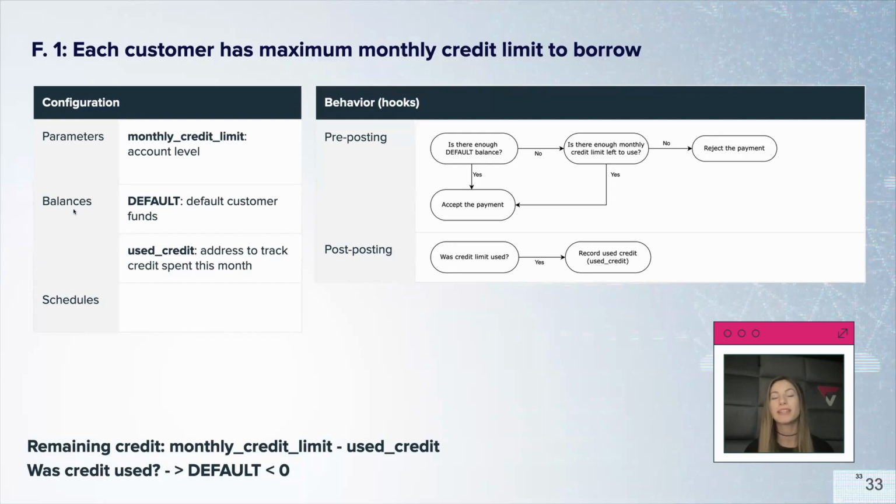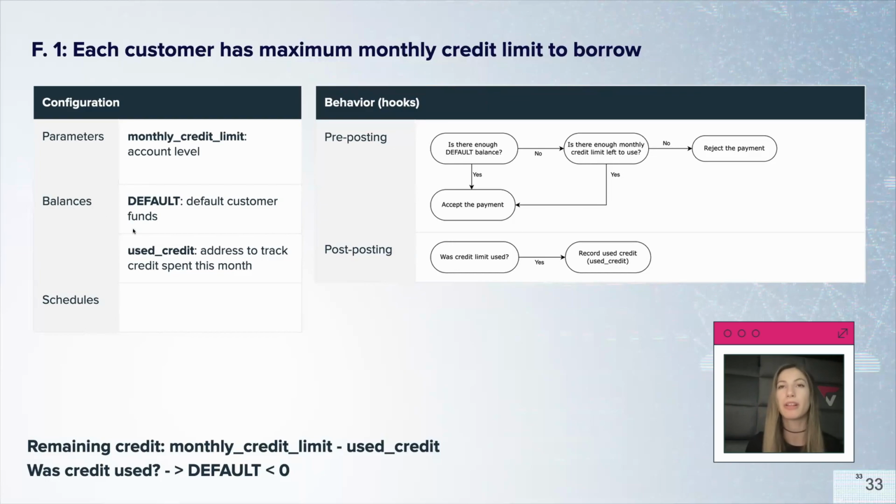Then, when I look at the balances, with the parameter, I know for each customer what is the maximum monthly credit limit, but if the customer already did use some part of their monthly credit limit, I need to be able to know how much of the monthly credit they used and how much I still have left to use for further payments during this month.